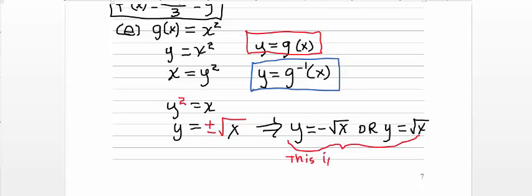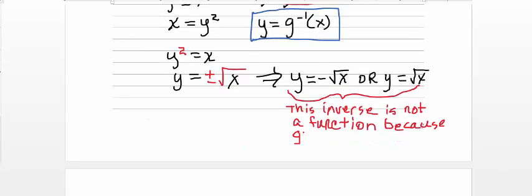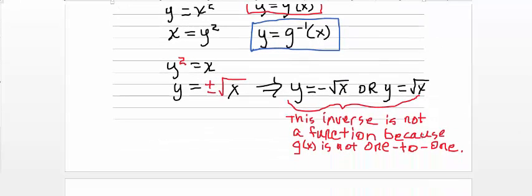And the important thing to note is this inverse is not a function, since my function that I began with, g of x, wasn't one-to-one. So g inverse of x is not a function.